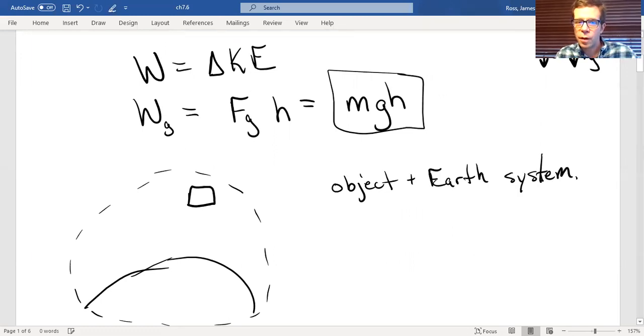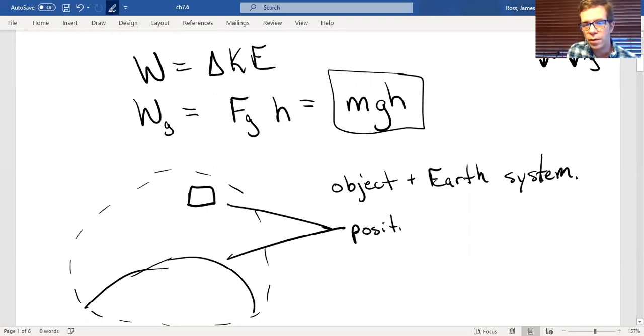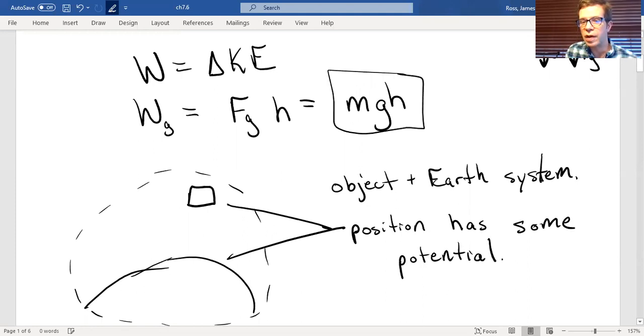So in this system, the gravitational force is not an external force. It's an internal force to the system. So it doesn't change the total energy of the system. And we describe the position here as having some potential energy, right? It has the potential to create kinetic energy.